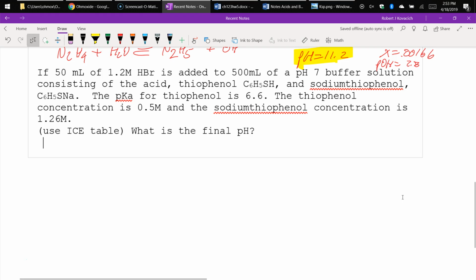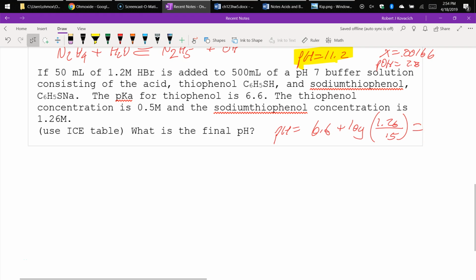You can calculate it out, but let's just do that so we remember how to do that. pH is equal to pKa of 6.6 plus the log of 1.26 divided by 0.5.